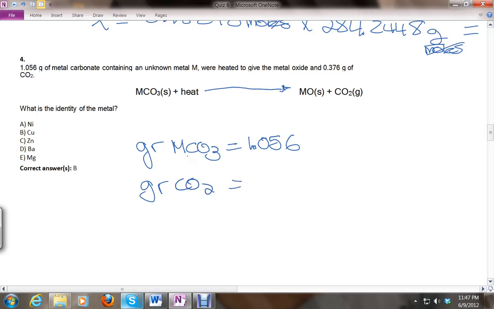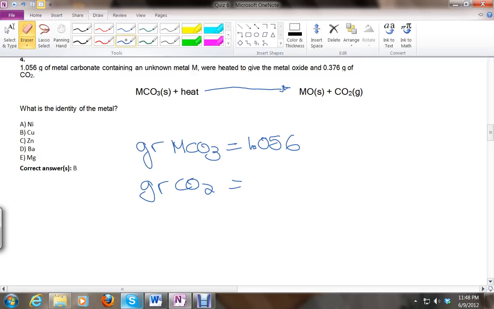Wow, how can we start? Because we can't find moles of the metal, because we don't have the identity of the metal. So why don't we find first the moles of CO2? Because we can do it. At least we have something to start working with. 12.011 plus twice 15.9994. You know how to do it.